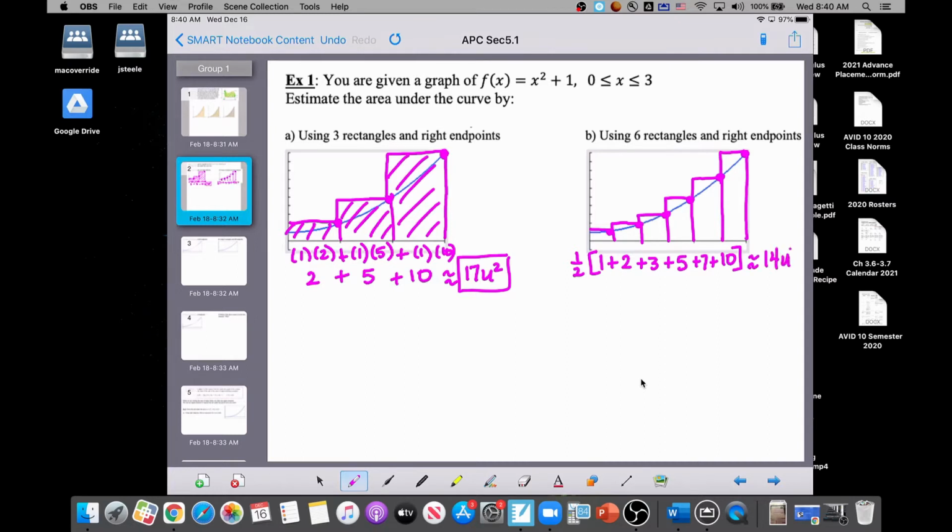So obviously, this is going to be a better estimate because, first of all, it's less than 17 units squared, which we knew was an overestimate. Since this is also still an overestimate, but yet it's less, we know that this is better. Okay, but I do want to clarify that these are overestimates of our area because we have that overhang above the curve.